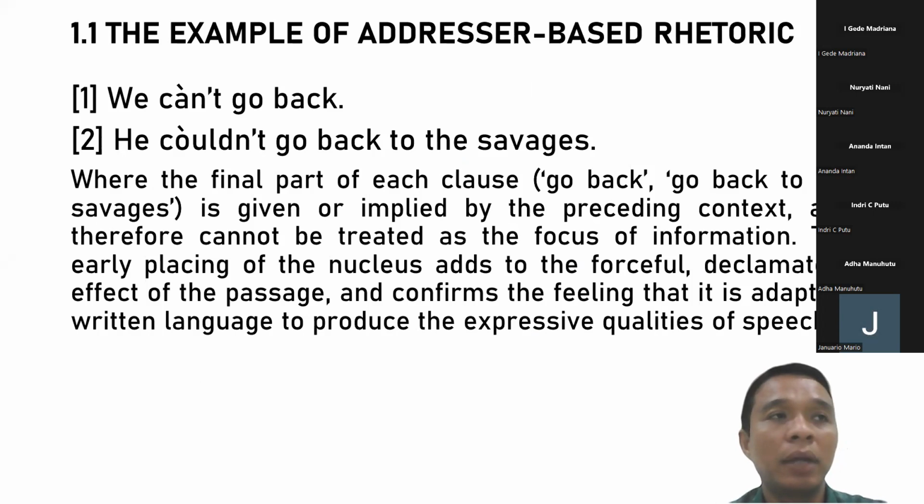Once again, I'd like to emphasize that by giving the different treatment or the different focus of information, like I said before, go back in the first clause and go back to the safe pages, we also produce the expressive quality of speech. Okay, this is the fundamental theory of addresser-based rhetoric.